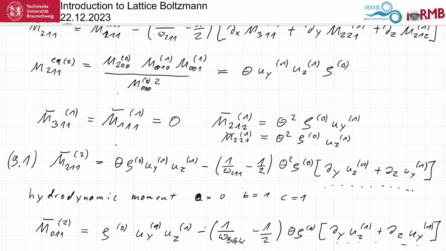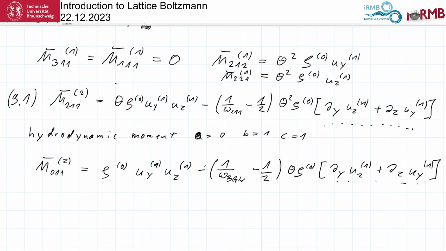Let's look at this equation in a little bit more detail now. So say we take this part here out and say this is theta rho 0 dy uz first order plus dz uy first order.